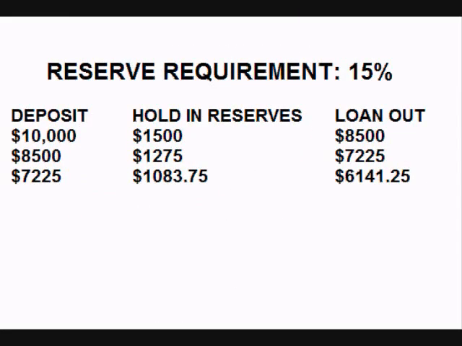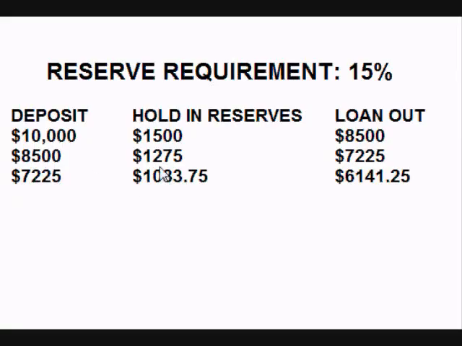Now let's look at that same example if the reserve requirement was 15%. The original person deposits $10,000 into the account. However, the bank must hold $1,500 in reserves. This leaves them only $8,500 to loan out. Someone borrows that $8,500 and spends it on something, and the recipient deposits the $8,500 into the bank.